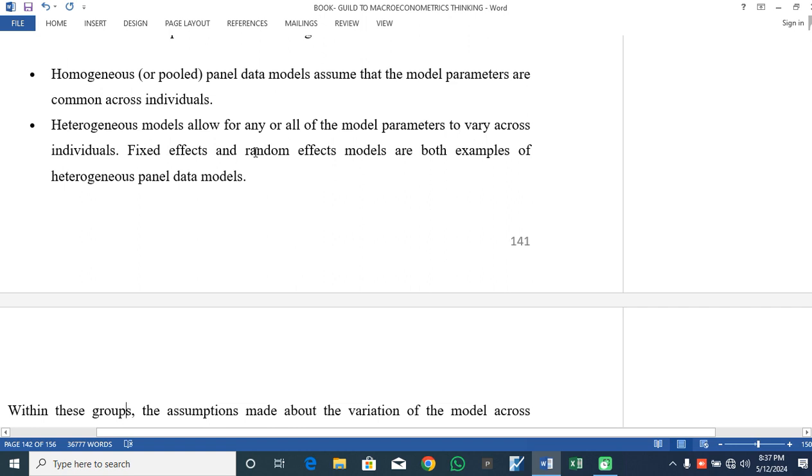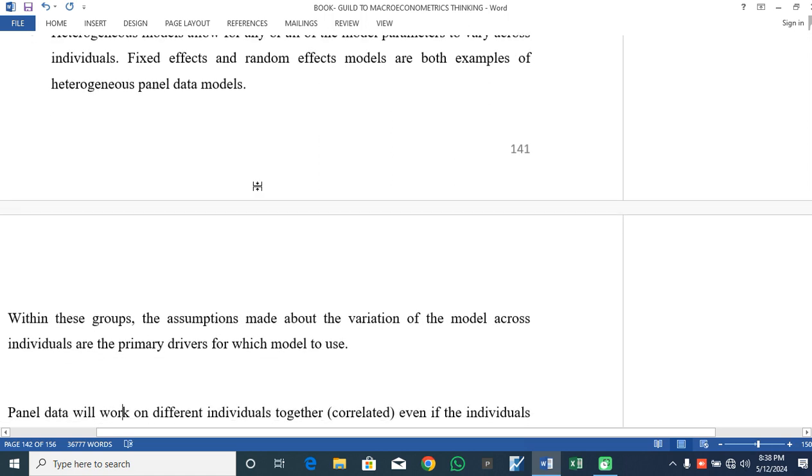The homogeneous panel or the pooled panel data model assumes that the model parameters are common across individuals, whereas the heterogeneous model allows any or all of the model parameters to vary across individuals. The fixed effect and the random effect models are both examples of heterogeneous panel data models.